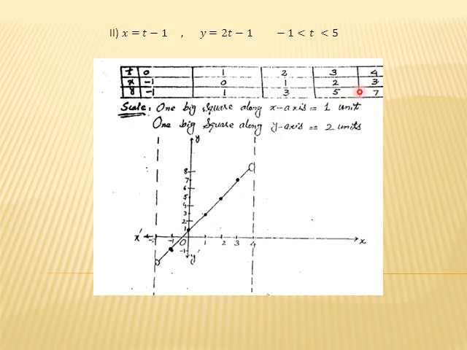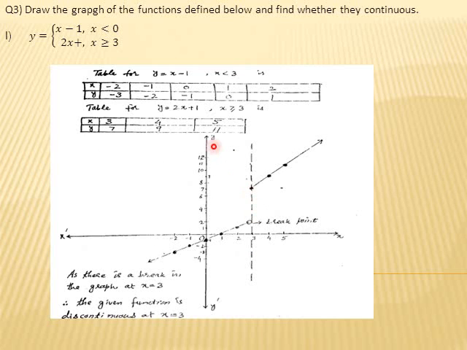If you move towards, the line represents the table. And this is by the graph that it is continuous or not continuous.